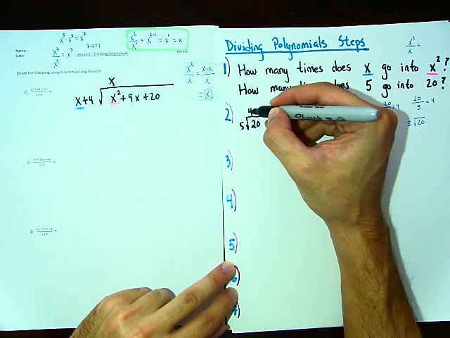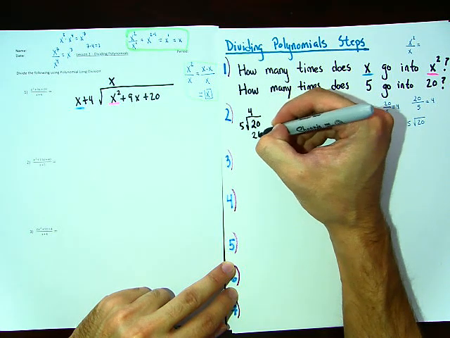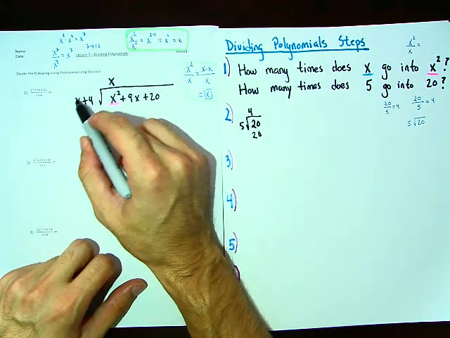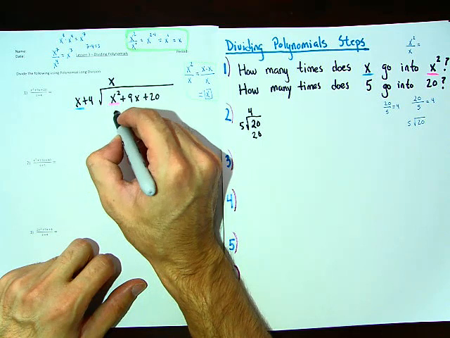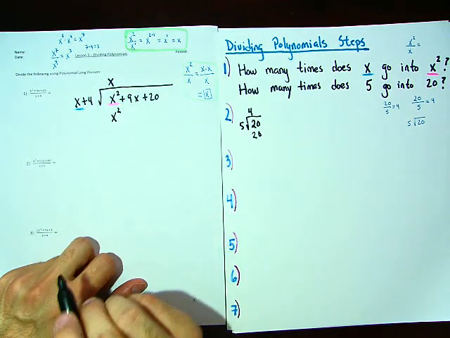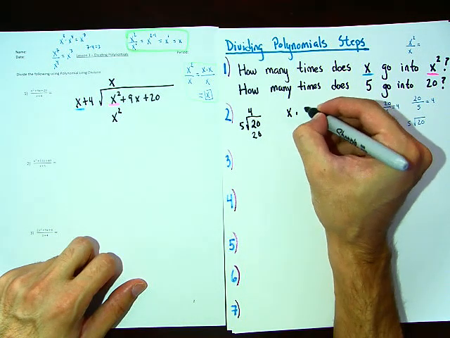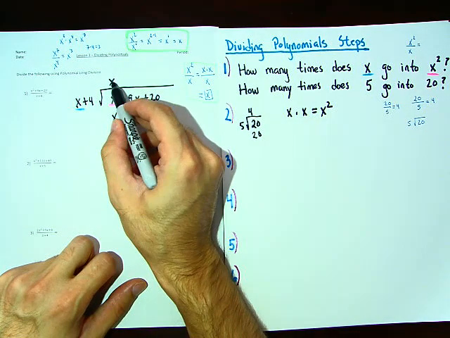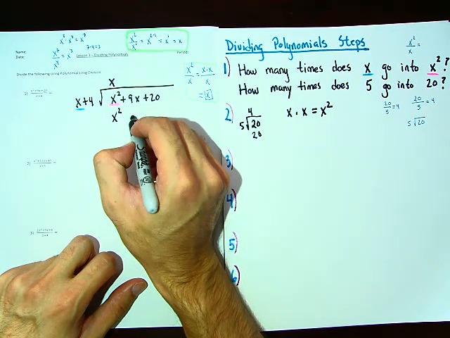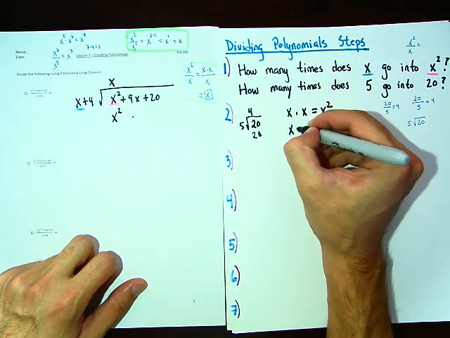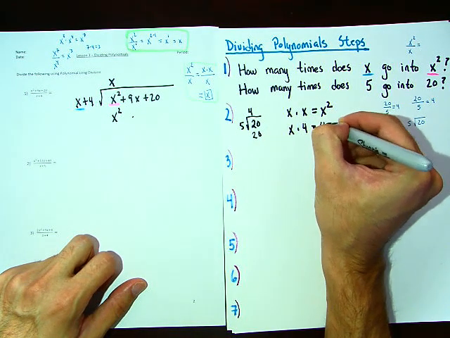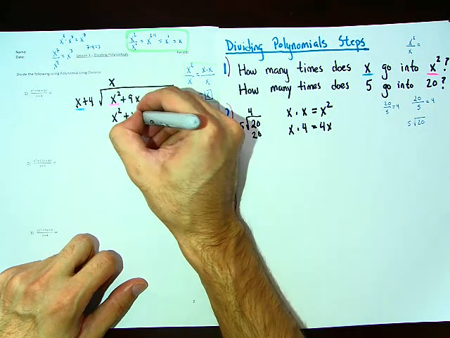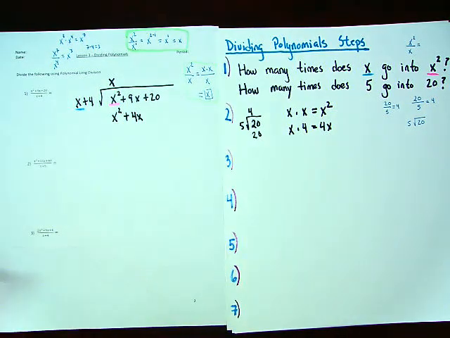But what do you do next? You do 4 times 5 is 20, right? And that's the same idea over here. You do x times x, and what is it? It's x squared, because x times x is x squared. Then x times 4 is 4x. I'm doing x times 4 is 4x. And that's over here, okay?